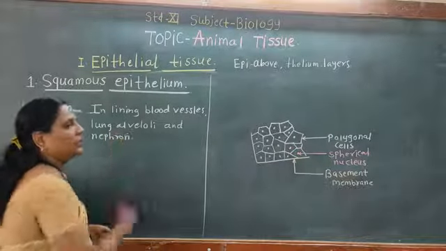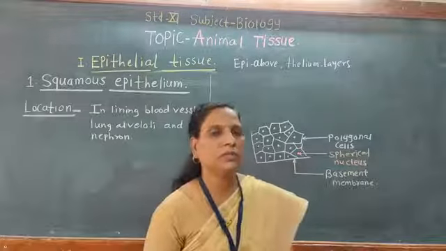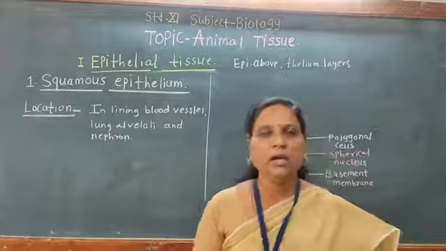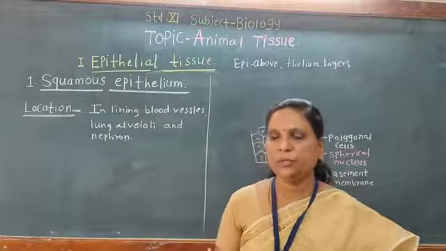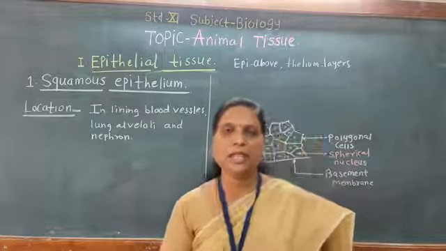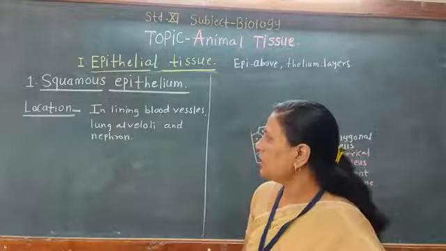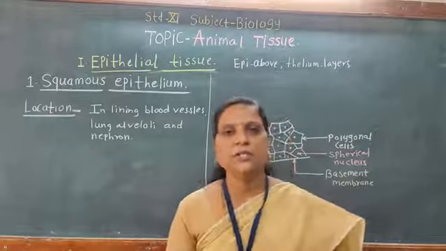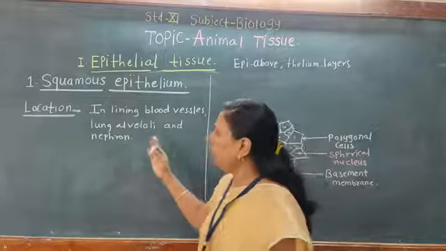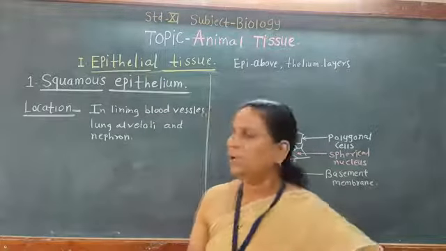Nephron means what? The kidneys, they show structural and functional unit, that is the nephron or uriniferous tubules. So in this, the Bowman's capsule is lined by the squamous epithelium cells, which mainly function for the filtration of blood. So different locations are there.